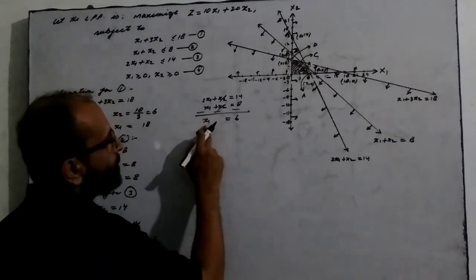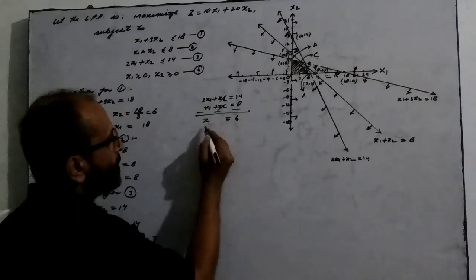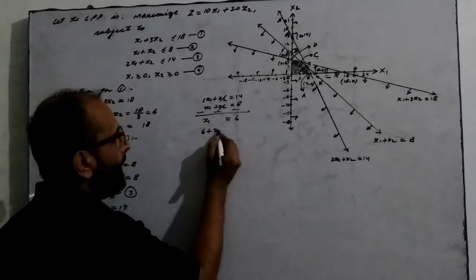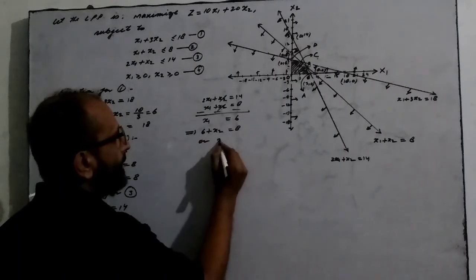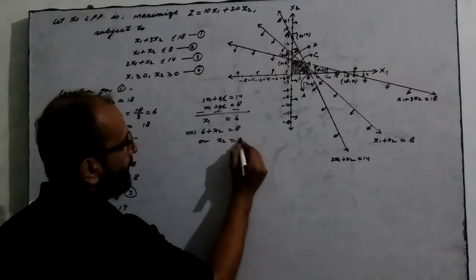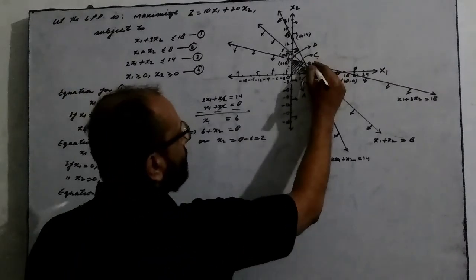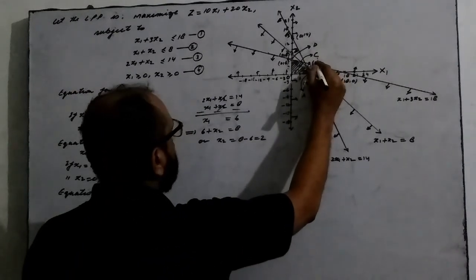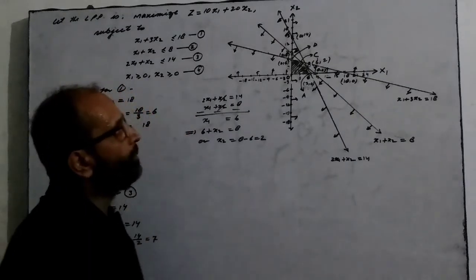Now substituting x1 is equal to 6 in the equation x1 plus x2 is equal to 8, we have 6 plus x2 is equal to 8, or x2 is equal to 8 minus 6, that is equal to 2. So the coordinates of B are 6, 2.